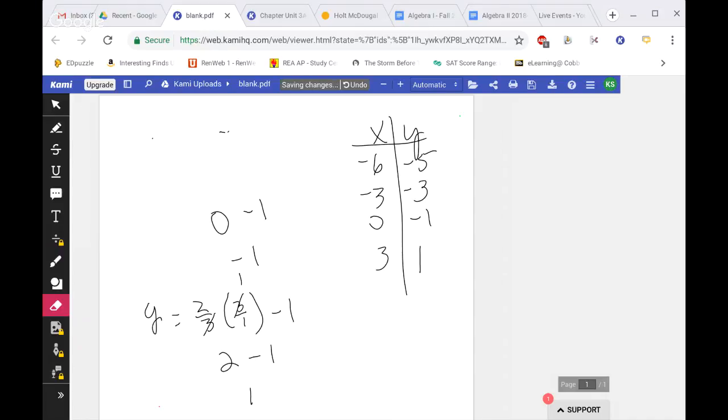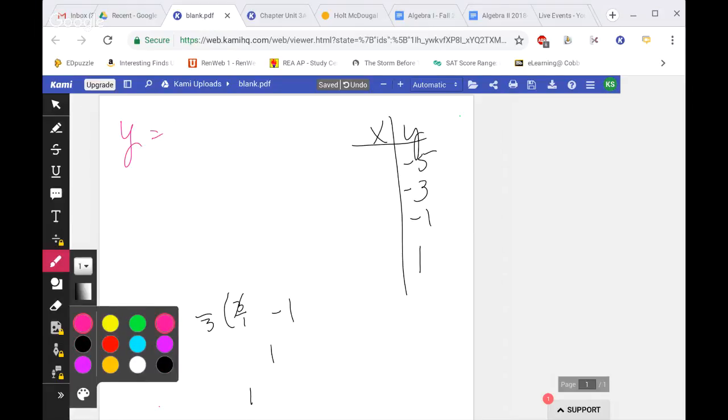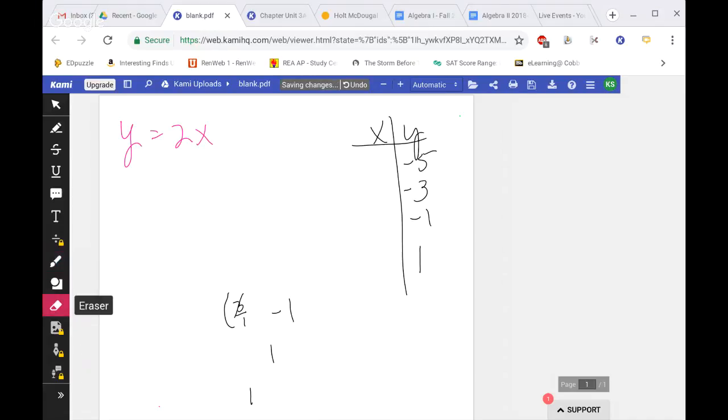And then for number 3, I've got y equals 2x. My values don't really matter too much on this one because I don't have a fraction to work with.